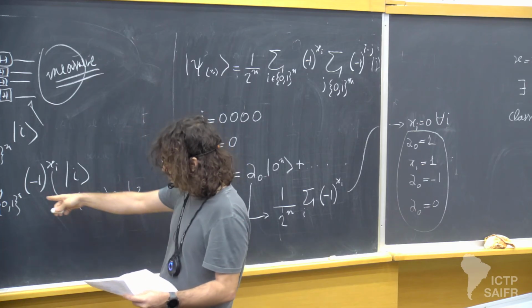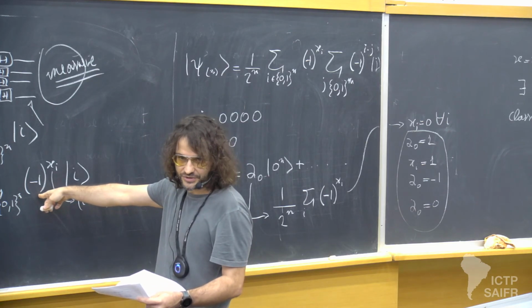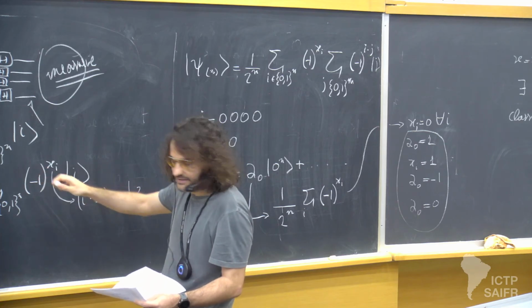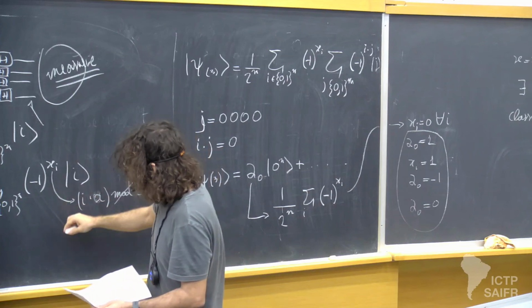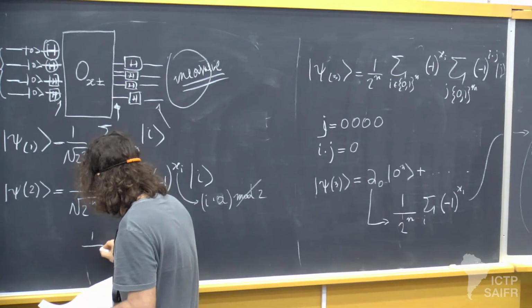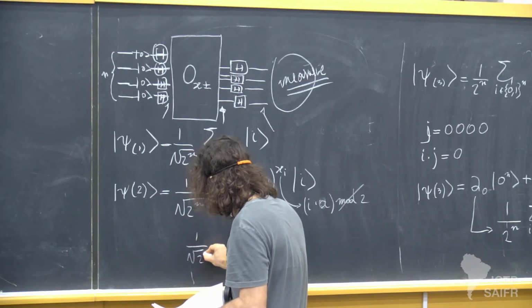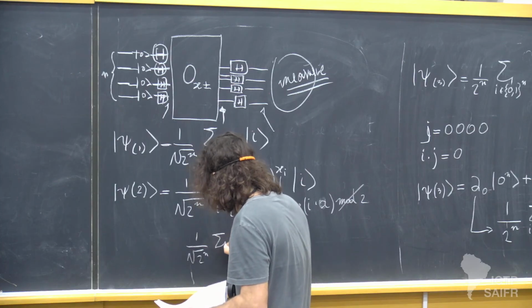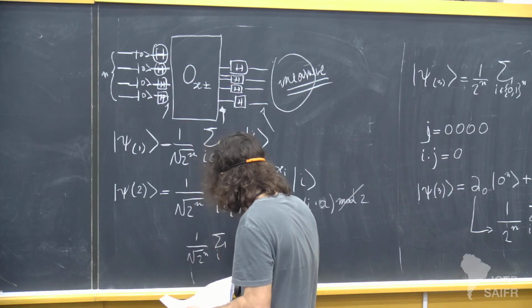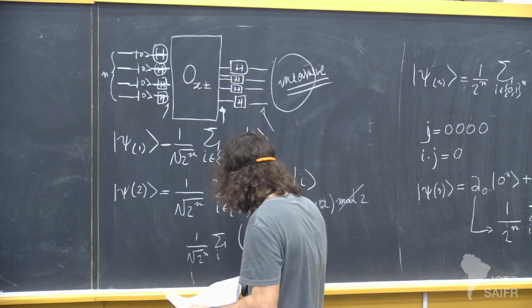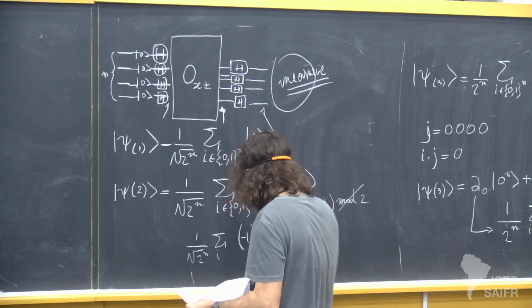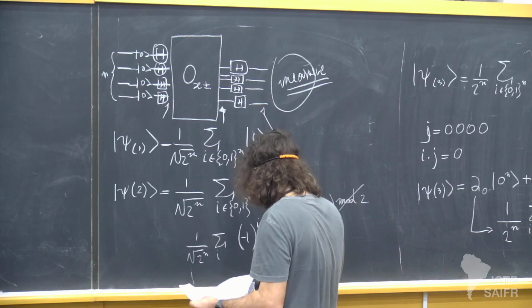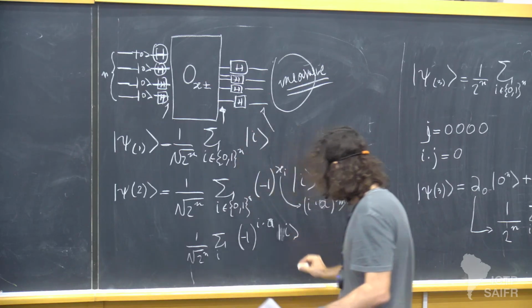Now, the mod 2 as a factor in the exponent does nothing, so we can forget it. So we just remain with this. And now we end up with 1 over square root of 2^n, summation over all the I, minus 1 to the I scalar A, ket I.